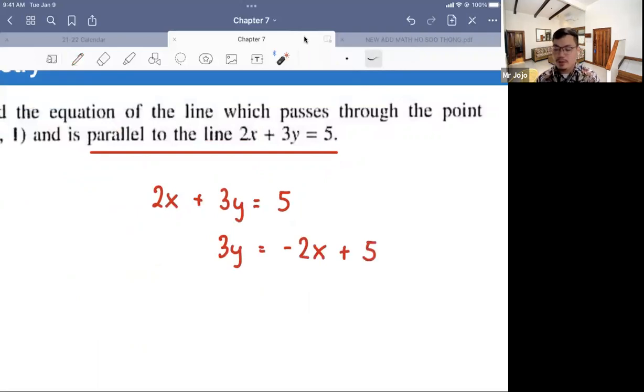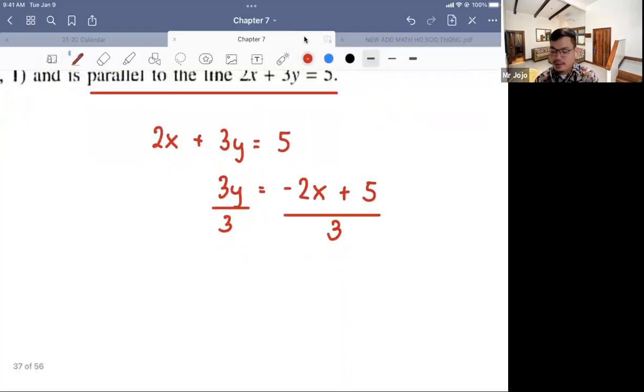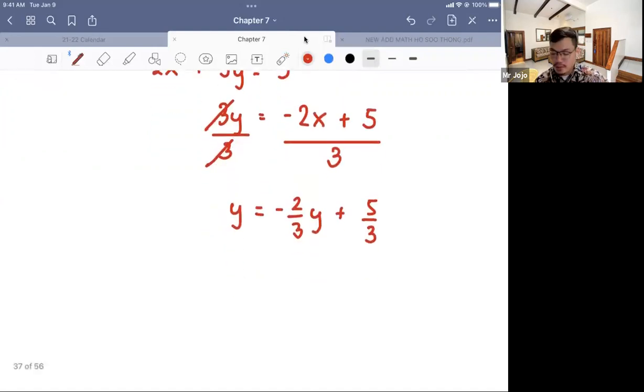Now it should only be y, so I need to get rid of 3. You divide this side by 3, also this side by 3, cancel 3, y is equal to negative 2 thirds x plus 5 over 3. So what is the gradient from this equation? The gradient is negative 2 thirds.